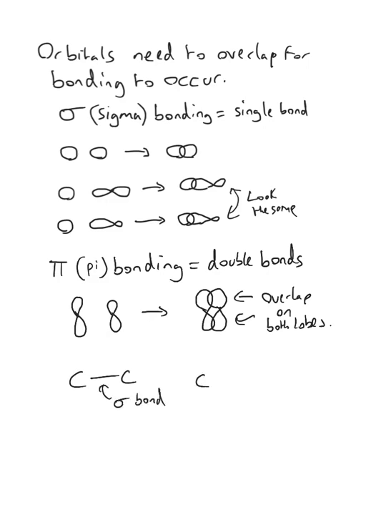But if you have a double bond between carbons, we would say that this is a sigma bond, and the second one is a pi bond, which comes from the sum of two s or p or sp orbitals forming the sigma bond, and then pp overlap to form the pi bond.